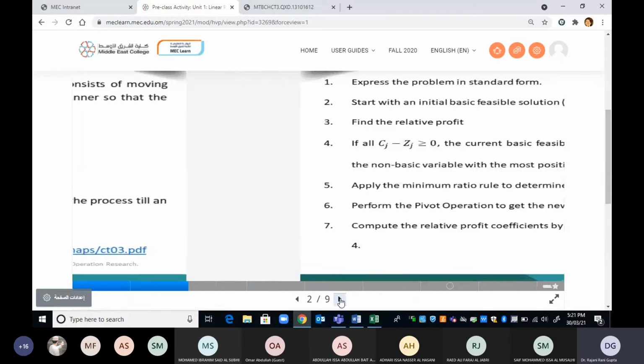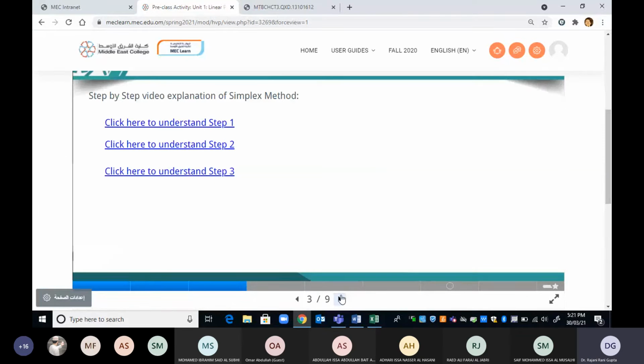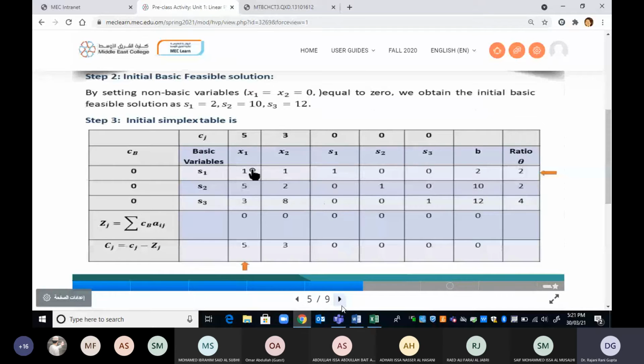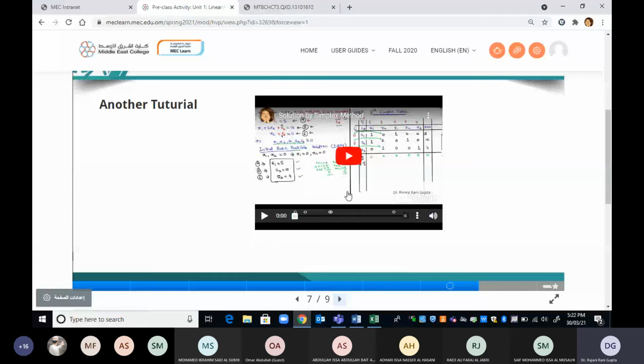Then you have 3 different videos to go through step by step. Then there is a solved example done for you, and another video explaining the same type of question.